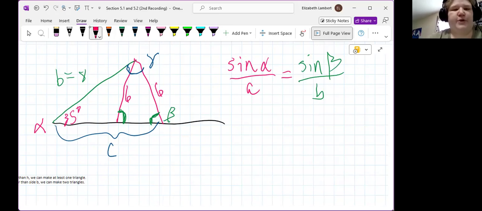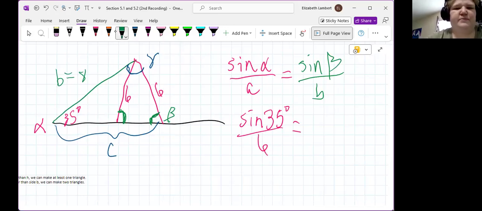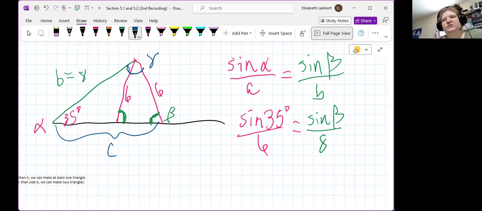Let's go ahead and fill in our known quantities. Sine of alpha is sine of 35 degrees. A is 6. Sine beta is the thing I'm going to solve for. And that corresponds with 8 for side B. So in order to solve for the angle here, we're going to have to use an inverse trig function.